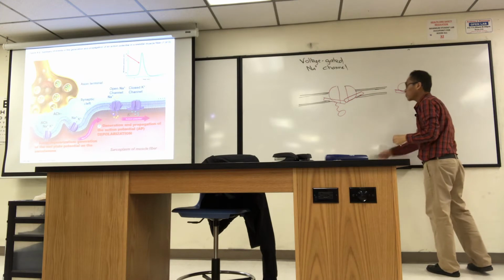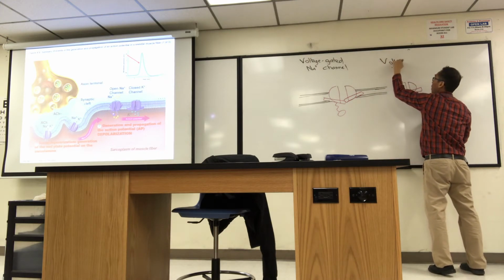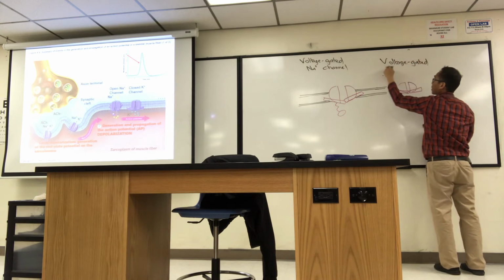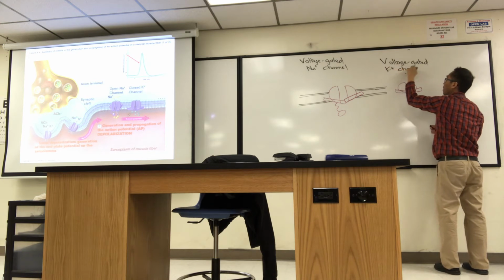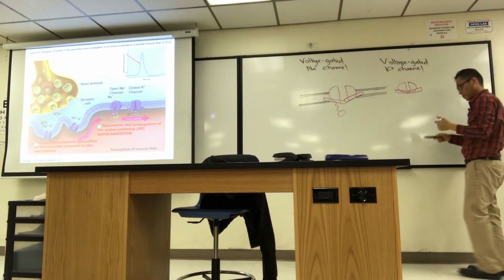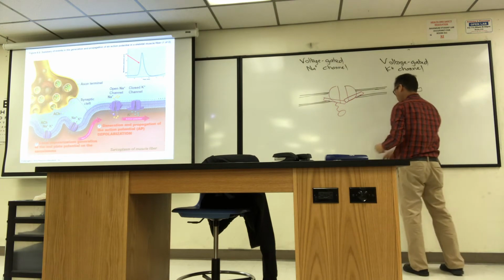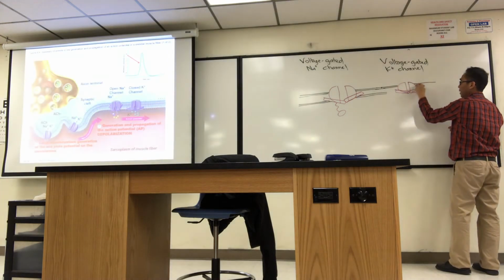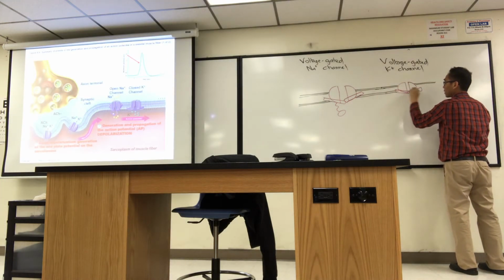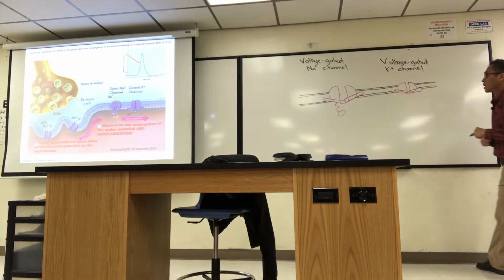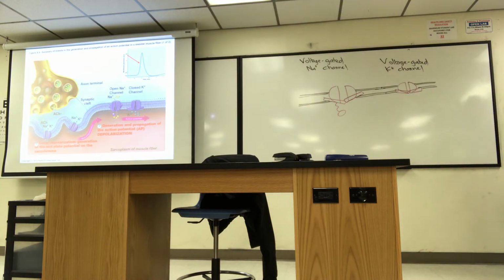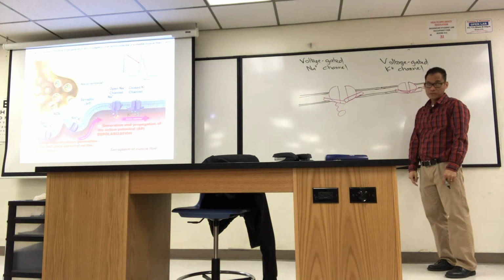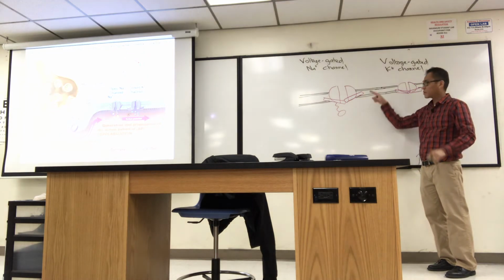That one's for potassium. So for that one, they're both illustrated right next to each other. They're both embedded in the cell membrane. And voltage gated tells students that what opens and closes these gates that I drew is a change in voltage. So a change in voltage is a change in the charge difference across the cell membrane.